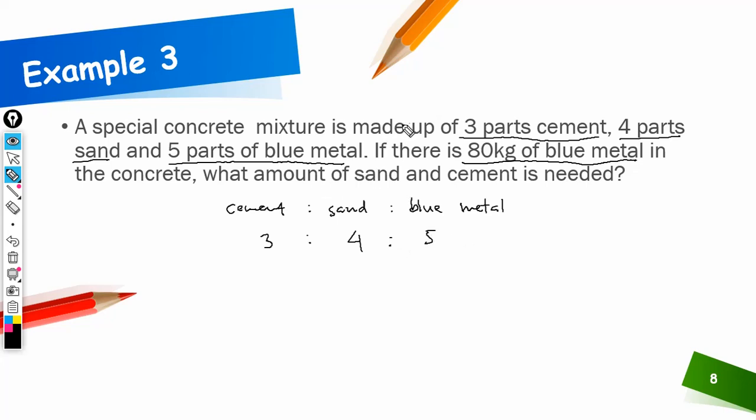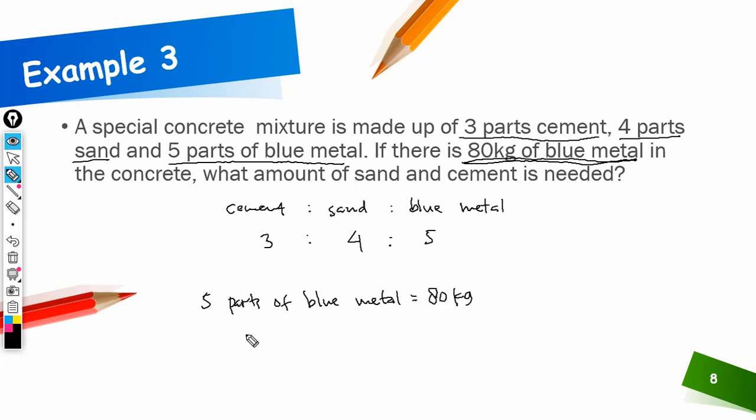Okay, and we know that there is 80 kilo of blue metal. So 80 kilo of blue metal means that 5 parts of blue metal equals 80 kilogram.